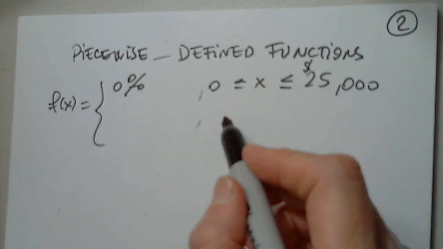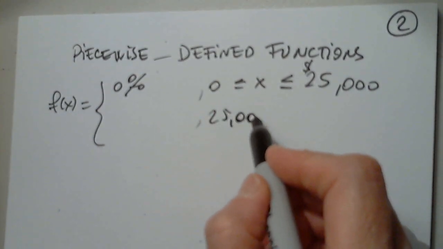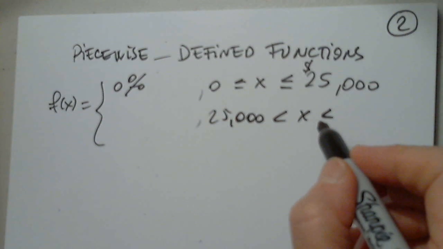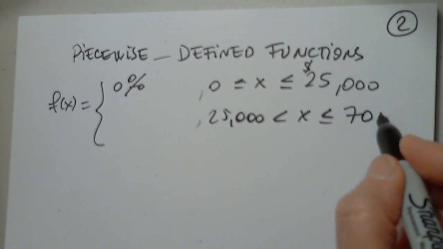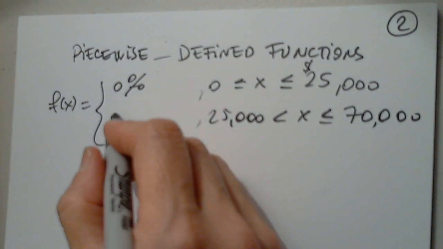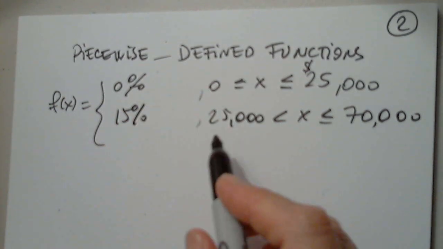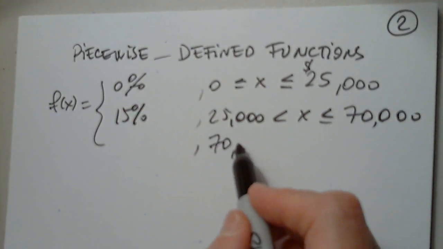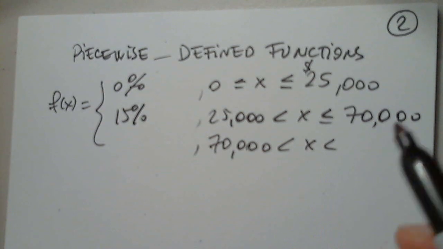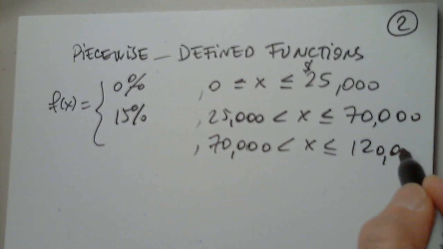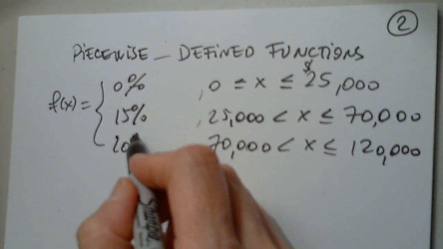For someone who makes between 25,000 and 70,000, 15%. For someone who makes between 70,000 and 120,000 a year, I don't know, 20%.